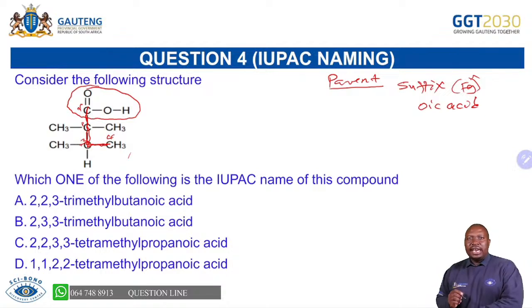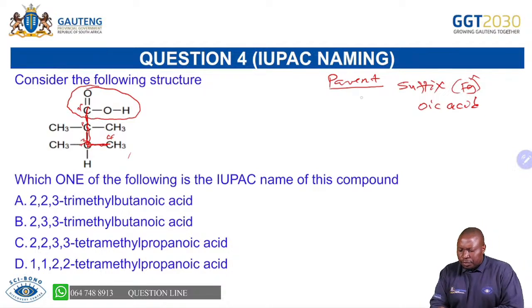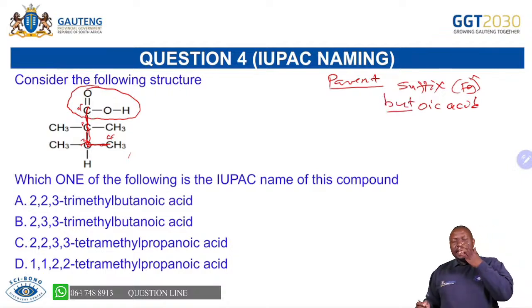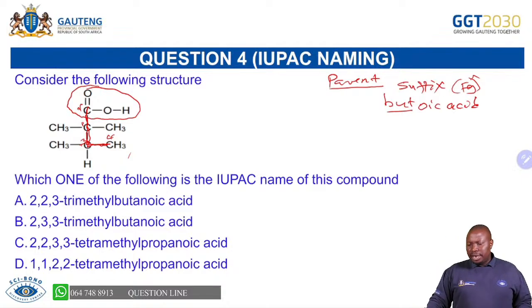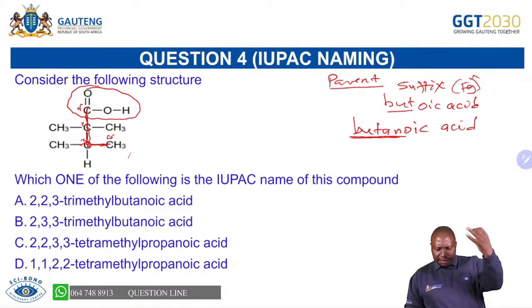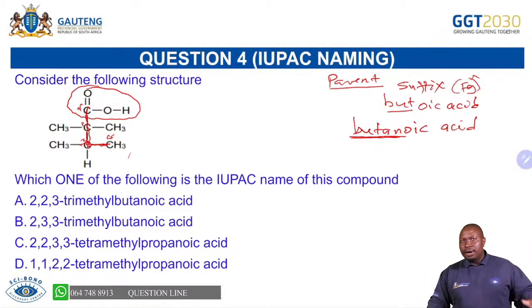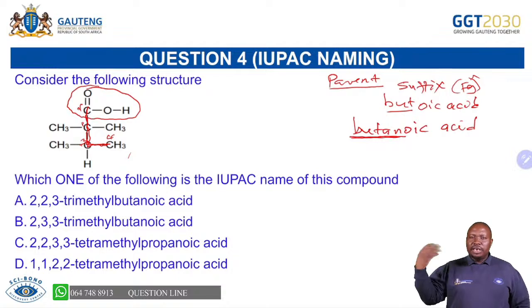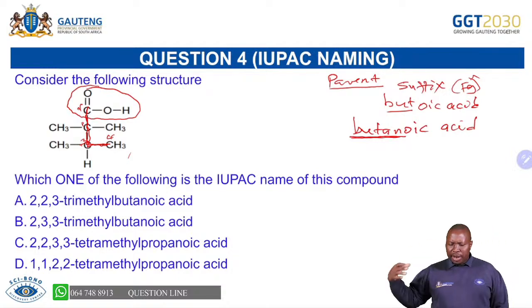Now, the mistake that learners make is they write but here. They'll say, okay, the parent is but. We don't have a name that is called butoic acid. The name must be butanoic acid. So now you can see that when you are dealing with alkanes, alkenes, and alkynes, those hydrocarbons, you can use the meth, the prop, the but.